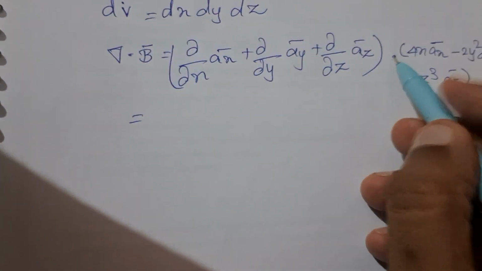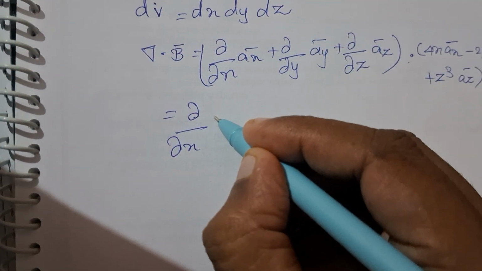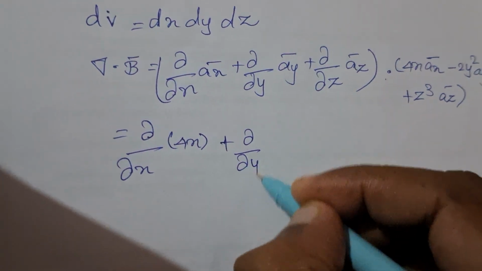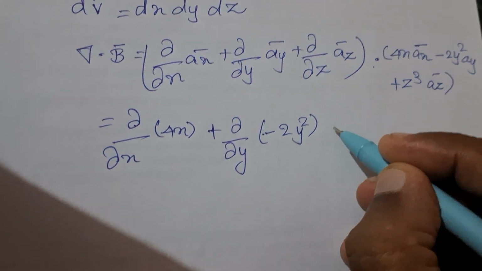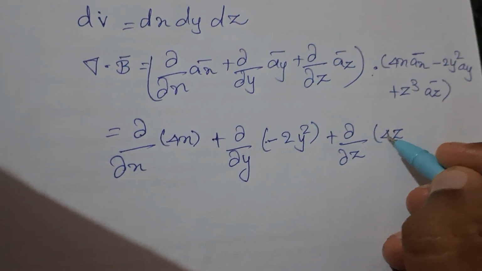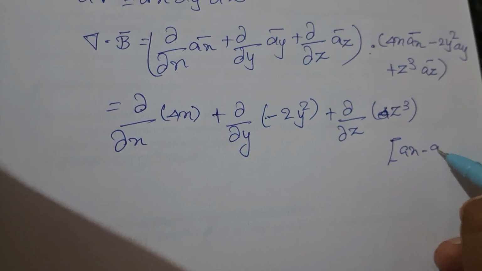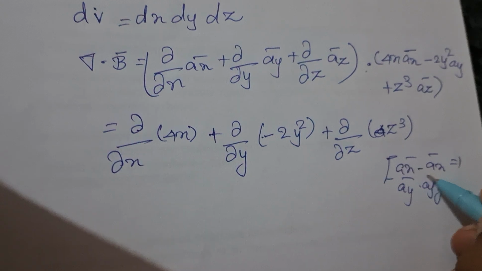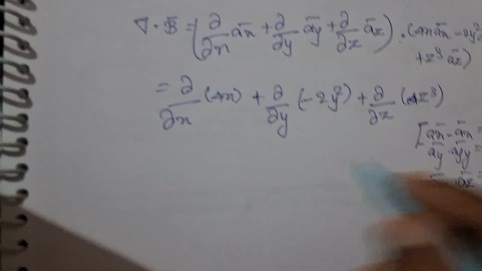According to the dot product we write dou by dou x of 4x plus dou by dou y of minus 2y square plus dou by dou z of z cube. We very well know the dot products: ax dot ax equals 1, ay dot ay equals 1, az dot az equals 1, otherwise all are 0.